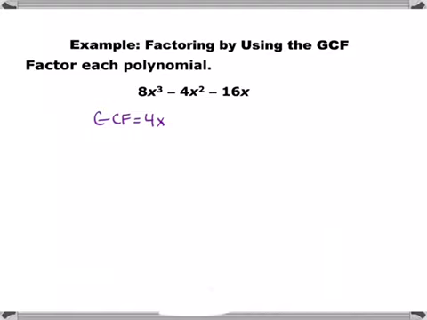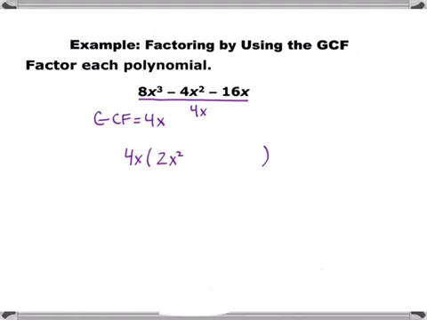So when we go to factor this, we're going to take 4x and put it outside parentheses. And essentially what we're going to do is take this original statement and divide every term by the GCF to figure out what goes back in the parentheses. So 8 divided by 4 is 2. And then we're going to subtract the exponents on our variables. So x cubed divided by x becomes x squared.